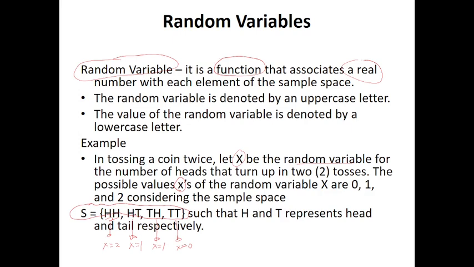So we have 1 as the value of the random variable, which is a real number associated with the second element in the sample space. So that's it. We can now proceed.